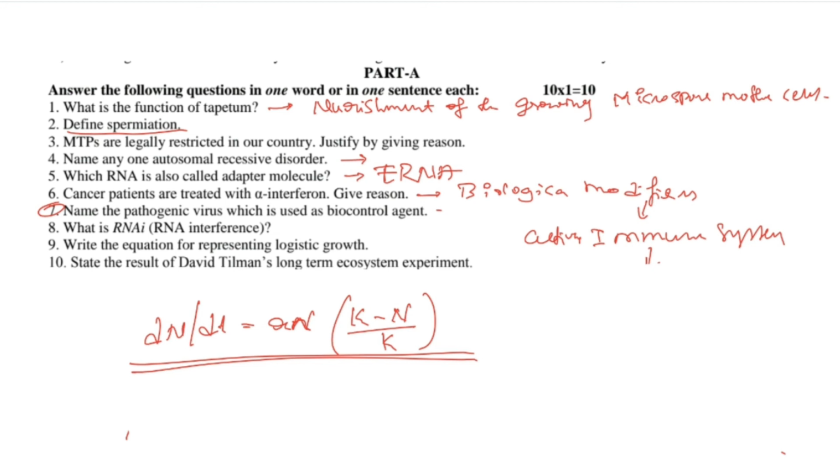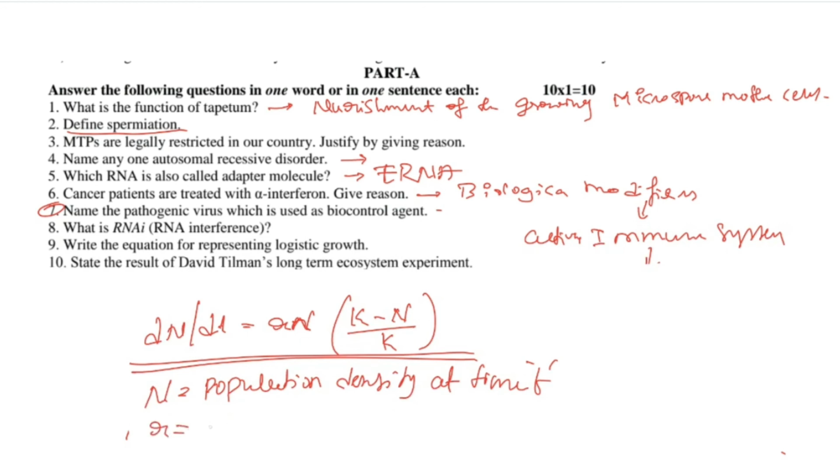So you have to write the abbreviations of the terms, like what is N? It is the population density at time t. And you have to write r.